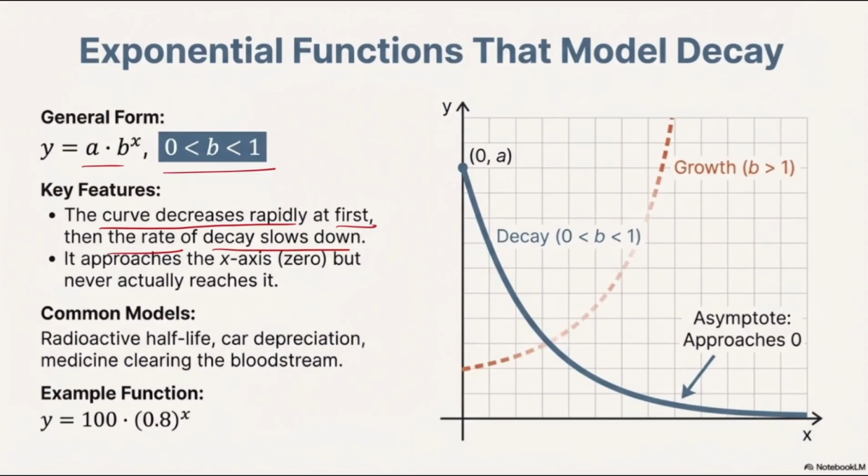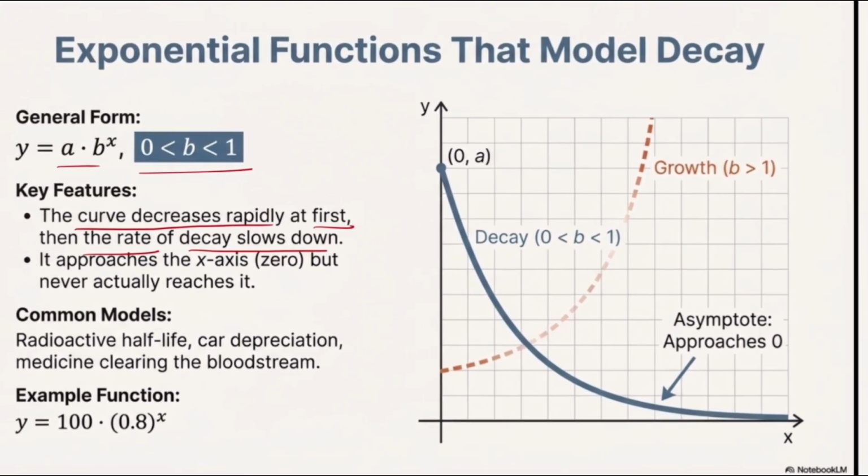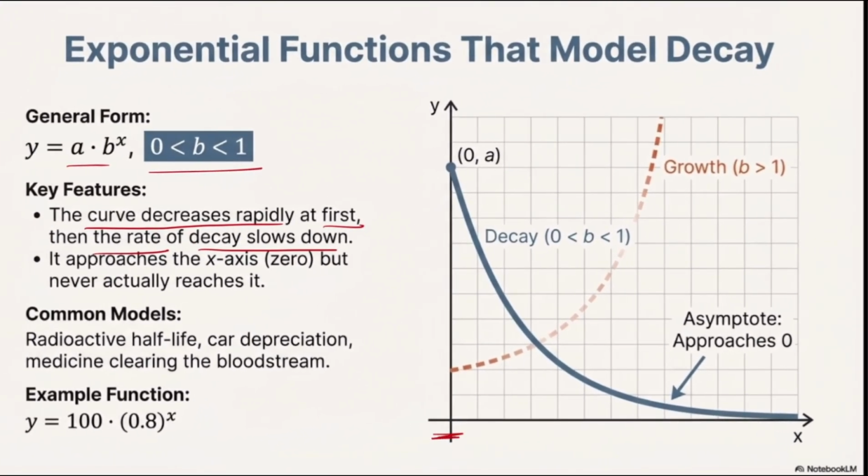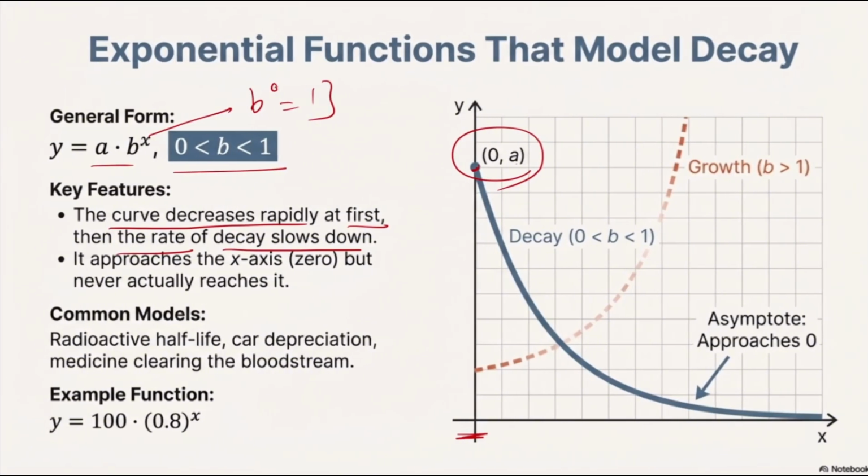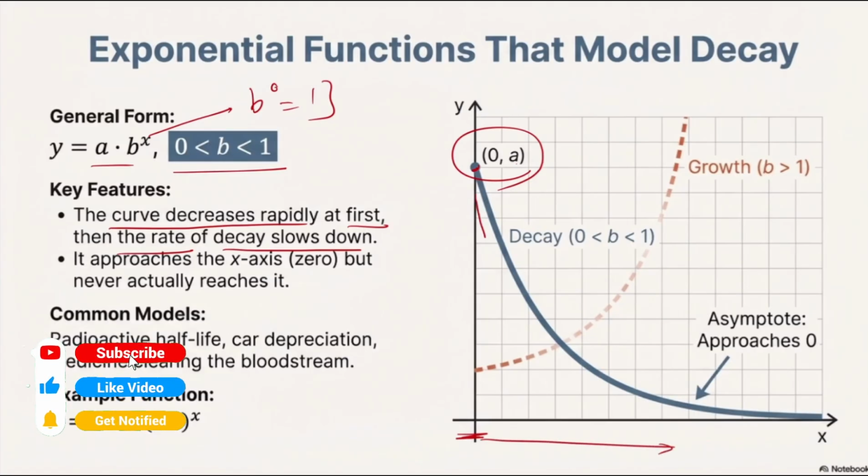So as you can see over here, imagine that I consider x equals 0. Obviously, it's going to give me a y, because any number to the power of 0, as we know, is 1, and y equals a times 1, so it would be a. We do have this point. If we increase the number of x, we are going to have a very fast decrease in the function.